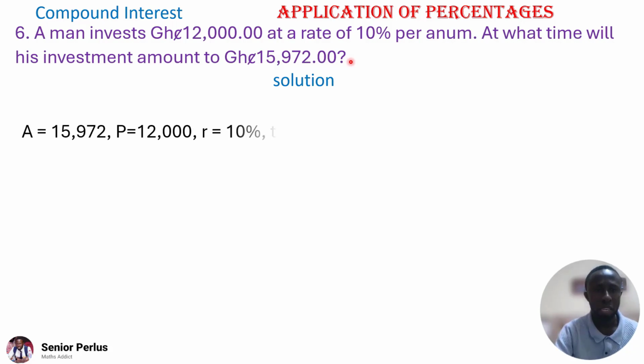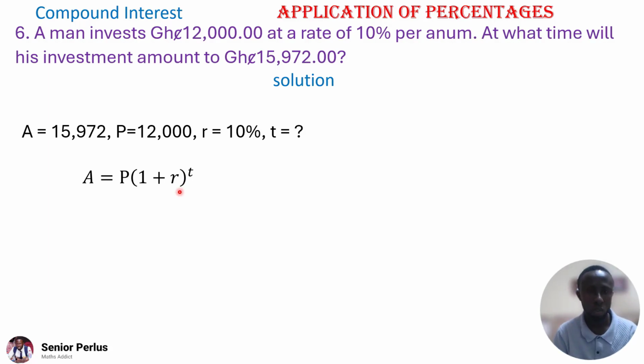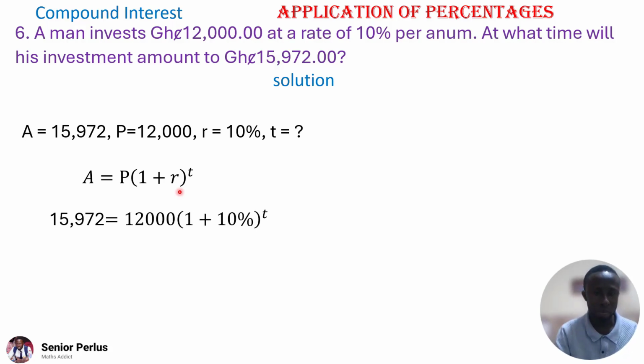There's no compounding, maybe quarterly or half a year or semi-annual, so we are using the first formula. Since there's no N, we are using this. This is the amount. For us to find the time, now that we know the amount and the principal, what should we do here?